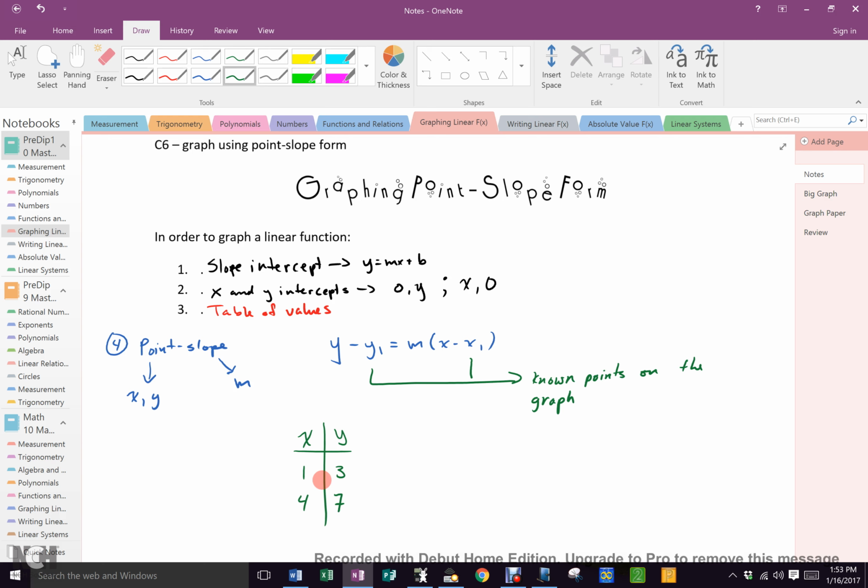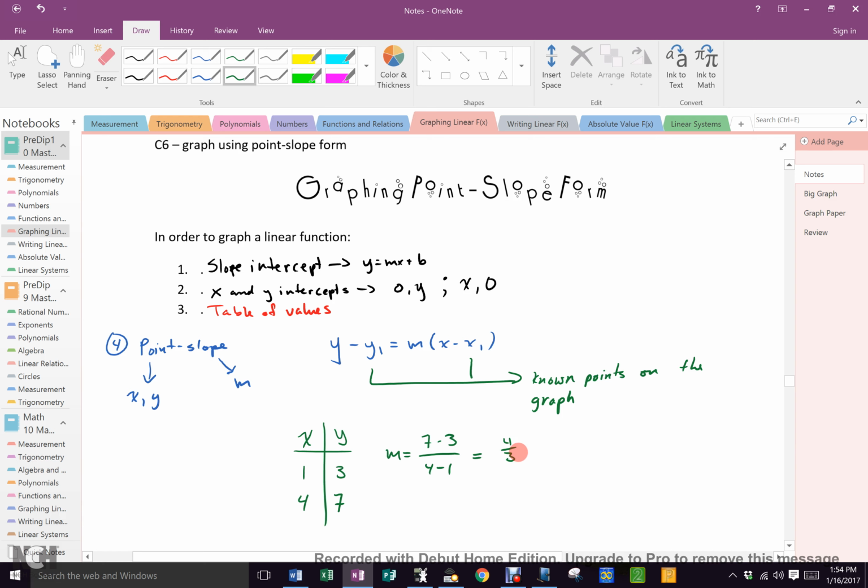What math can we do with 2 points on a graph that would apply to this unit? What could we find? Somebody said run, which is slope. So could we find the slope here? What would it be? 7 minus 3 over 4 minus 1. What is that? 4 over 3, correct?